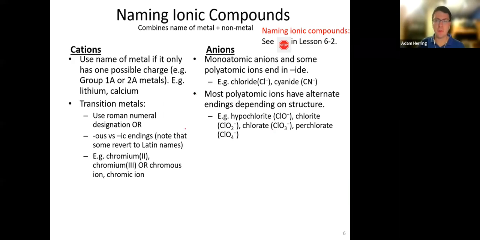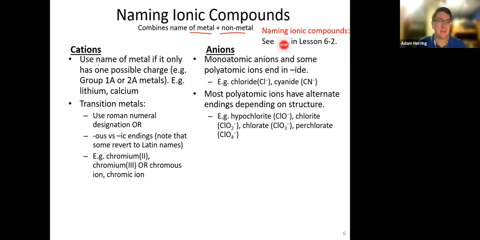You should review the stop sign in lesson 6-2 of the ebook to learn more about naming ionic compounds. This is just a brief overview. When we name an ionic compound, what we end up with is the combination of the name of the metal and the nonmetal. So if you know the name of the metal cation and the nonmetal anion, then you know the name of the ionic compound.